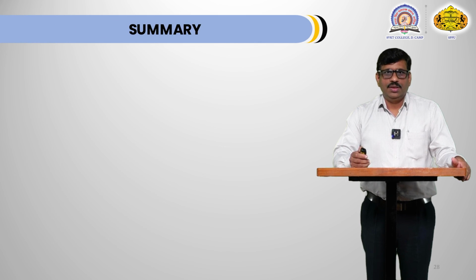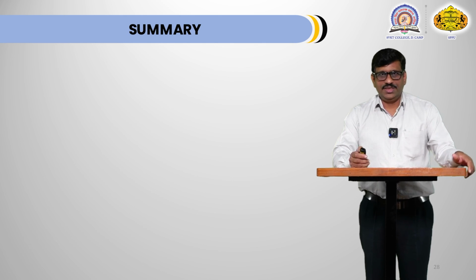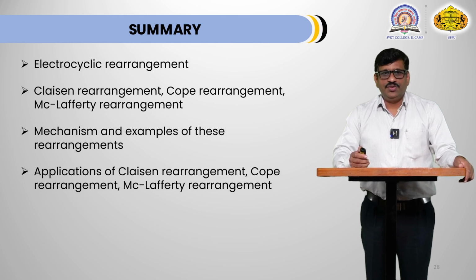Now, a summary of today's lecture. In today's lecture, we have seen electrocyclic rearrangement reactions. In an electrocyclic rearrangement there is simultaneous bond breaking and bond formation: a sigma bond is converted to a pi bond, or a pi bond is converted to a sigma bond.